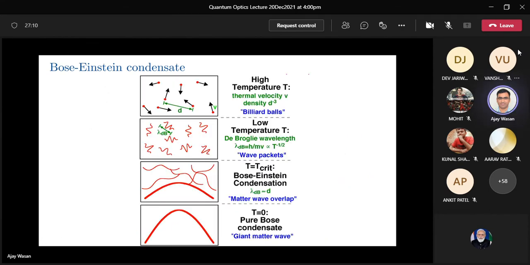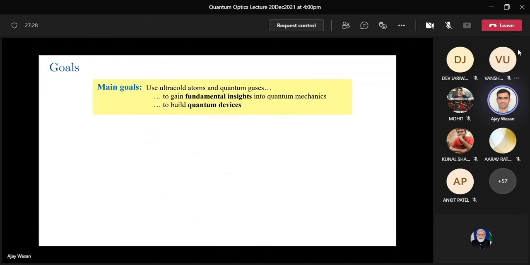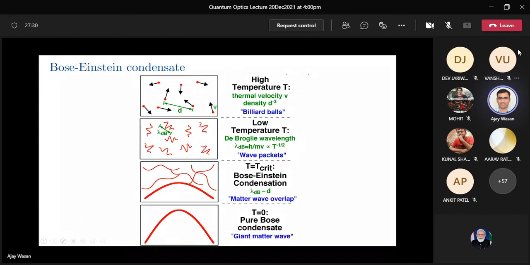So all these things, whatever I was telling here till now, I have summarized everything. When temperature was very high, thermal velocity, density proportional to 1 over d cubed. I'm showing d here. As we start reducing the temperature, the de Broglie wavelength starts increasing.